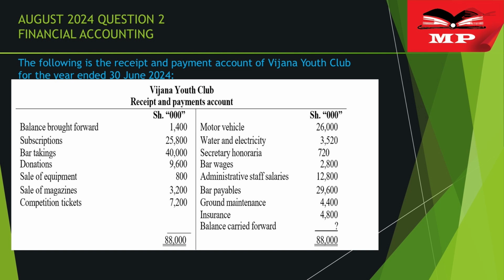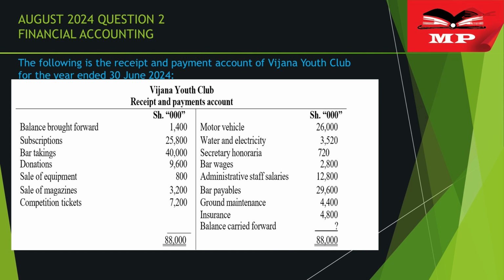So we have the receipts and payments account, what in a profit-making organization would be referred to as a cash book. You can see we have balance brought down, then we have the receipts on the debit side: subscriptions, bar takings, donations, sale of equipment, sale of magazines, competition tickets. Then on the credit side, we have expenses.